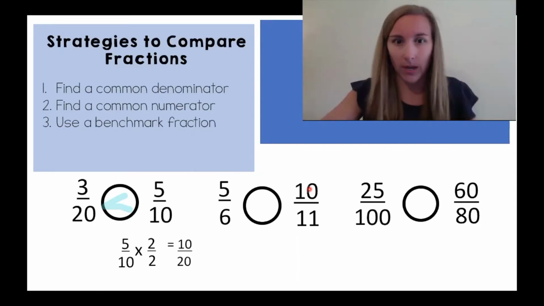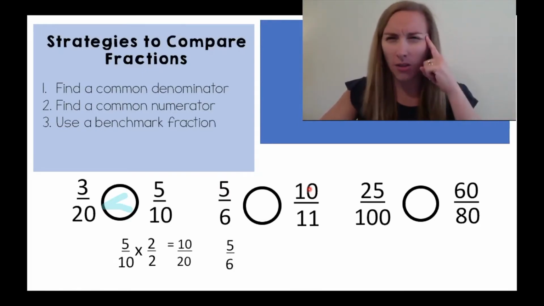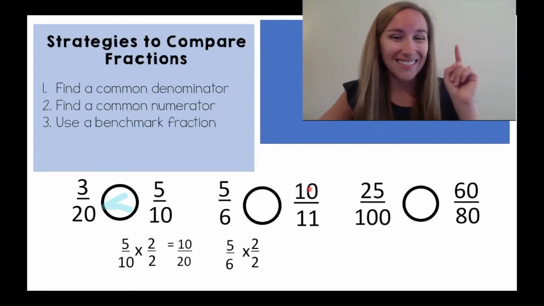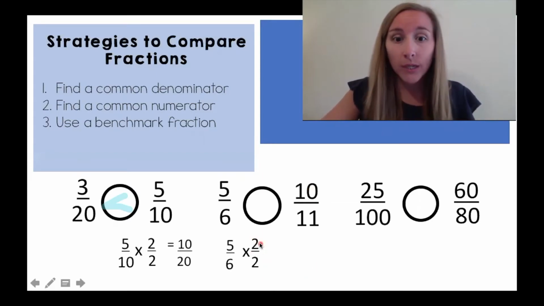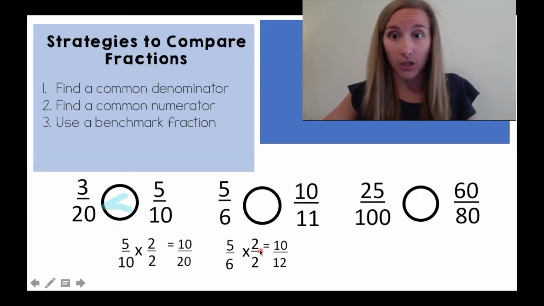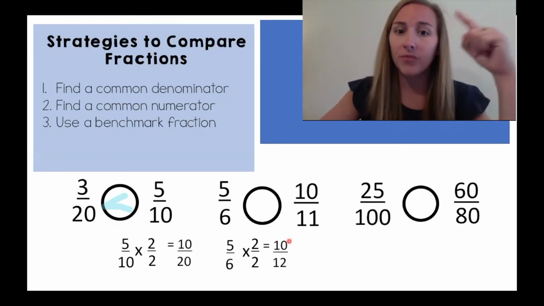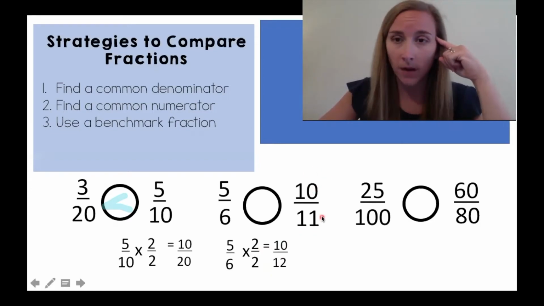They work well together. So if I say 5/6 times, can you think of the fraction we're going to multiply by? Times. You got it, 2 over 2. Again, keeping that equivalent to 1, so I don't change my value. I'm simply finding an equivalent fraction. I would get the equivalent fraction 10 over 12. So really, I'm comparing 10 over 12 to 10 over 11, right?